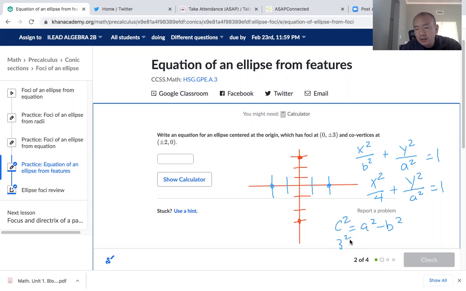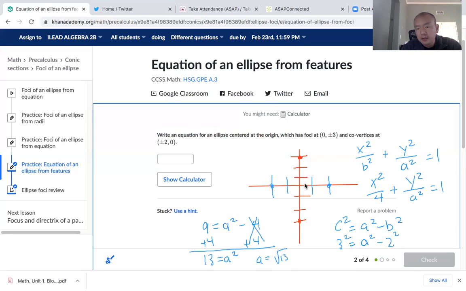So it'll be 3 squared is equal to, we don't know what the a squared is, but we do know what the b is from the center to the co-vertices, so that's 2 squared, right? And so 9 is equal to a squared minus 4, right? And then you add the 4 to both sides, and so 13 is equal to a squared, and a is equal to radical 13.